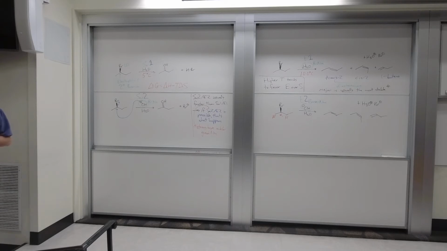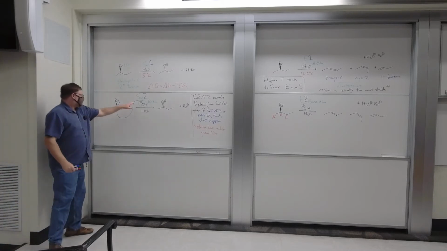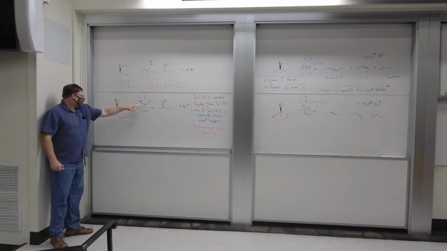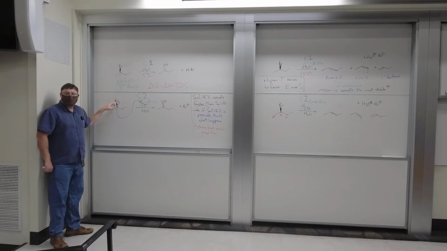That bond is formed by the oxygen using a lone pair, slamming into that electrophilic carbon, forming a C-O bond. The carbon can't have 5 bonds, so the bromide leaves. This long and winding arrow forms the O-C bond. The little curved arrow here breaks the C-Br bond, and the bromide takes the electrons with it.